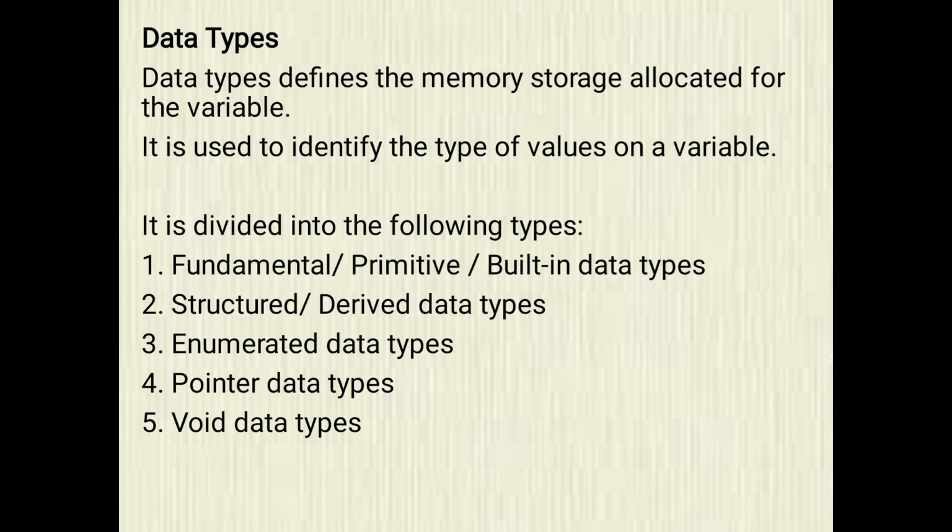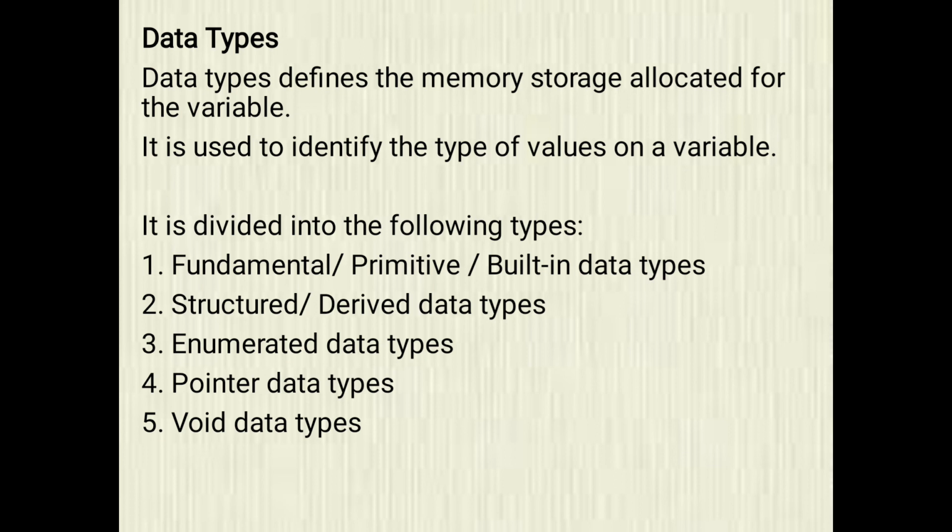Now, data types are divided into the following types. First, fundamental, primitive, or built-in data types. This is the most basic data type, the simple data type, and it is the most widely used data type.